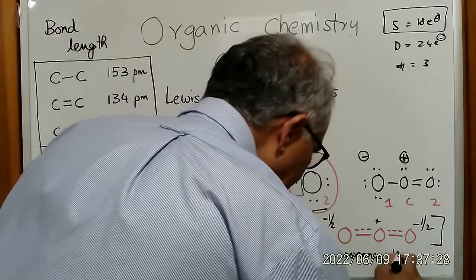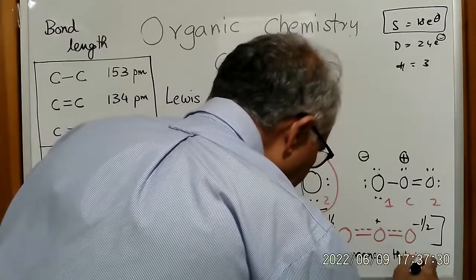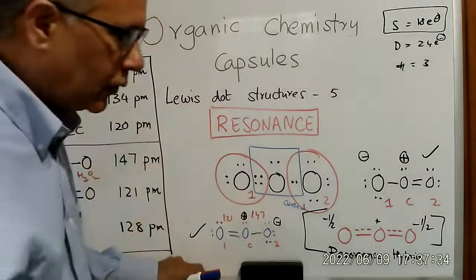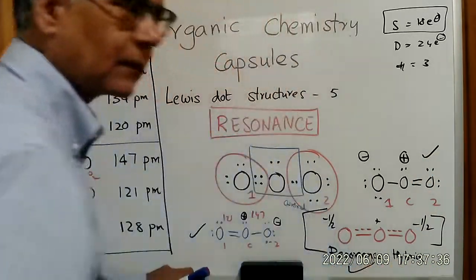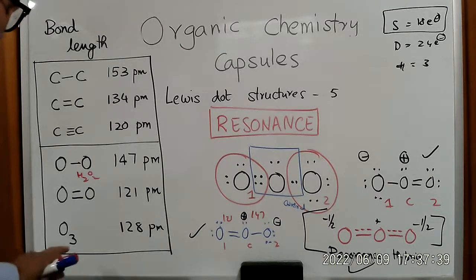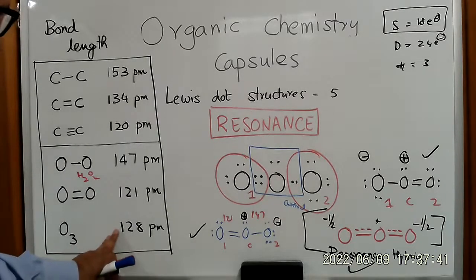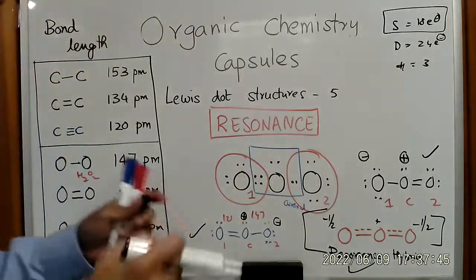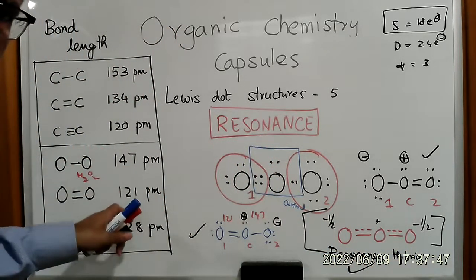So neither this structure, nor this structure, but the true structure of ozone is this, the resonance hybrid. This is the experimental proof. The bond length is in between the single bond and the double bond.